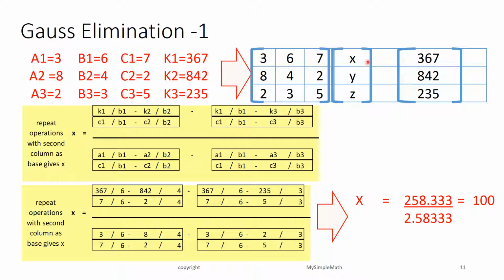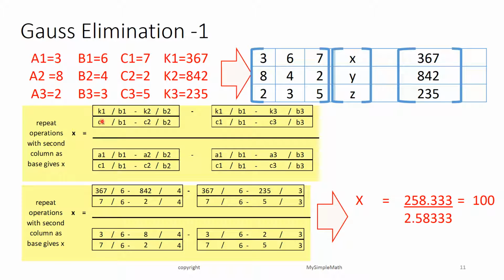So going forward, what we did was we have to determine whether x, y, and z is really determined by these equations from Gauss elimination or not. So we substituted the values of k1 as 367, b1 as 6, k2 as 842, b2 as 4, k1 again as 367, b1 as 6, k3 as 235, b3 as 3.